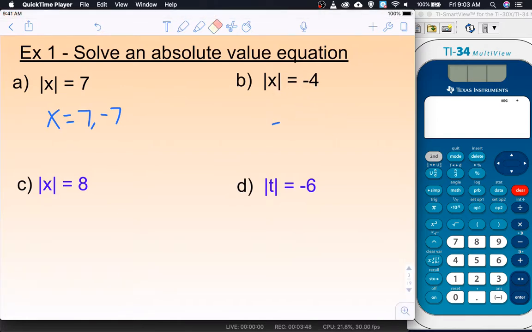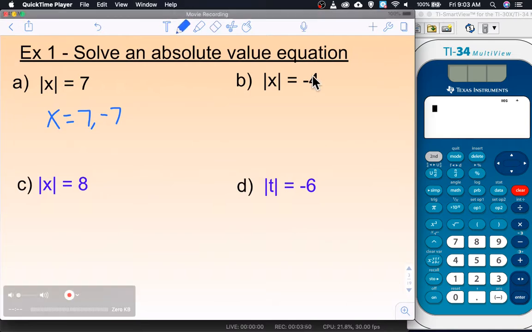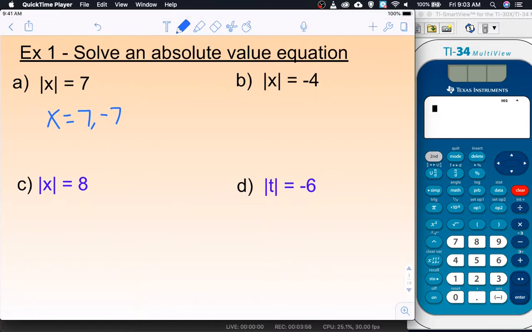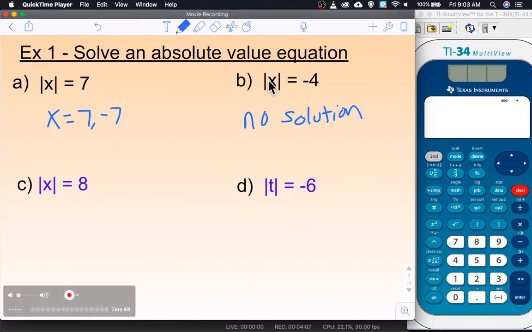There is no way that you can take the absolute value of something and get a negative answer. Absolute values will only ever give you positive answers. So this has no solution. There is no possible number you could plug in here for x that would make the absolute value of it equal a negative number.